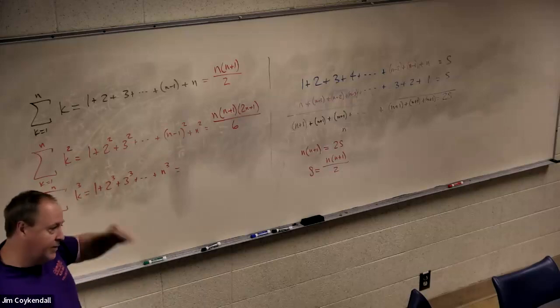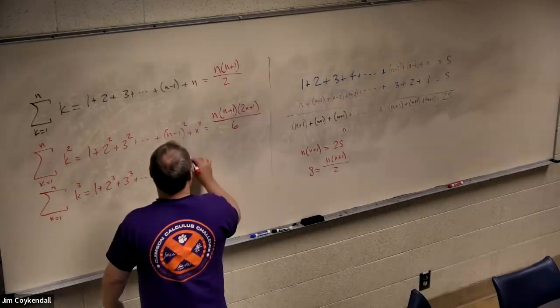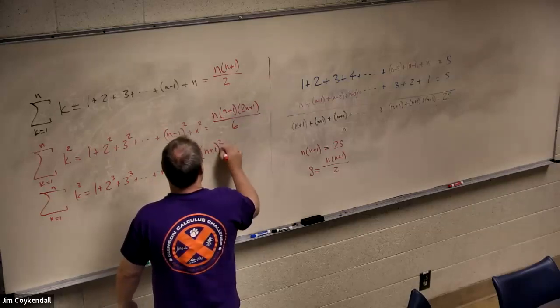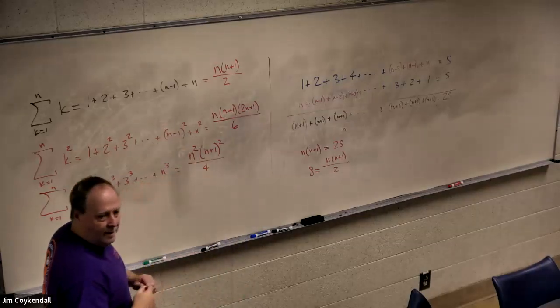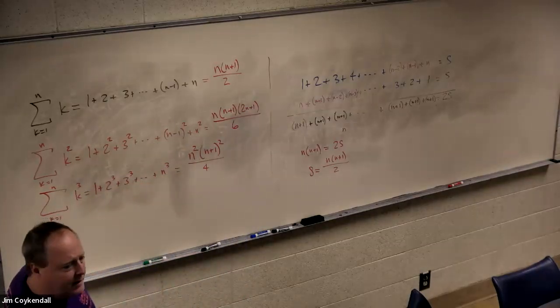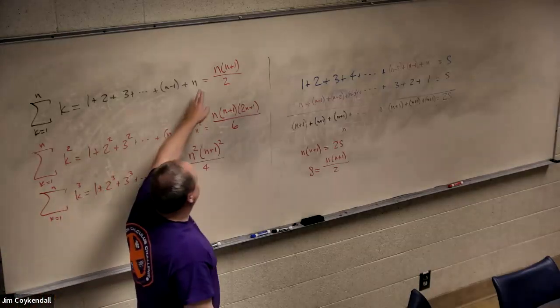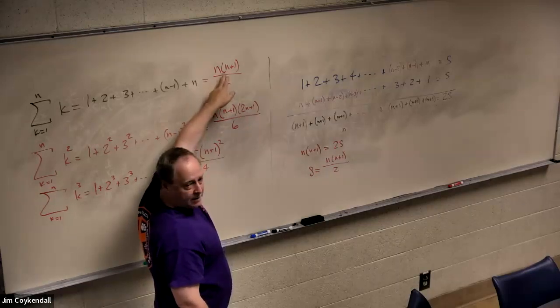What happens if you add up the first n cubes? Anybody see a pattern here? There's actually kind of a pattern. When I add up the first powers, my formula is quadratic in n, because there's an n squared.